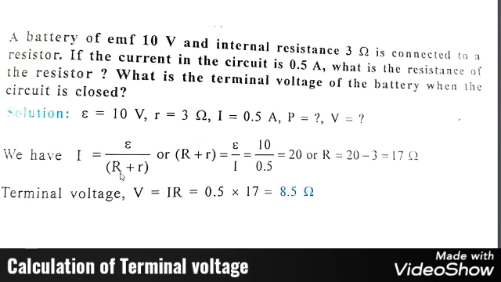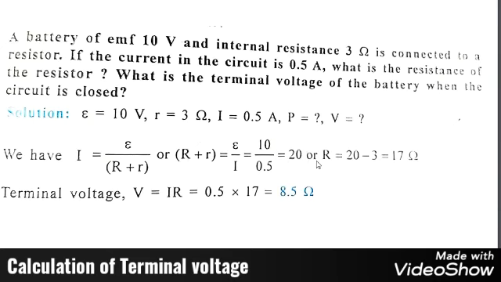Here capital R is the resistance that is connected in series, and the small r is the internal resistance. E is the EMF of the cells. Here we have to calculate R, so take the cross multiplication, then the expression becomes R plus r is equal to E divided by I. Then the value of E is given, E is equal to 10, divided by 0.5, and we get 20.